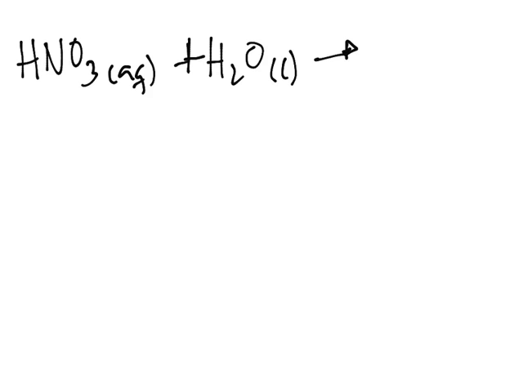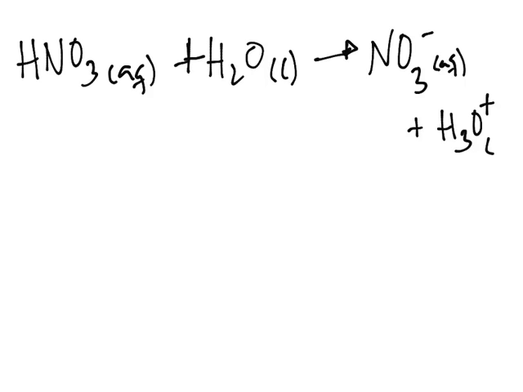And the products would be NO3 minus aqueous and hydronium. Now, if you think about Arrhenius, you would definitely just say, oh, this is an Arrhenius acid. But we're talking about Bronsted-Lowry in this case, so it is a bit different.